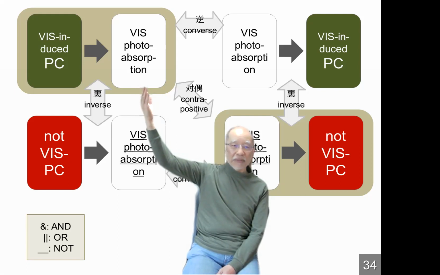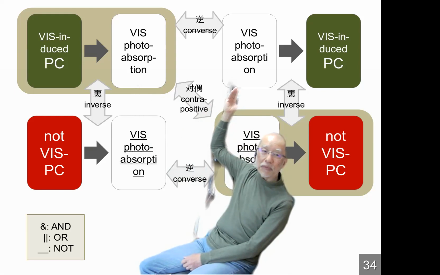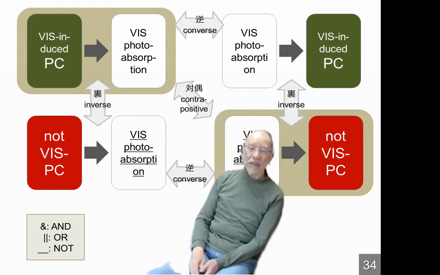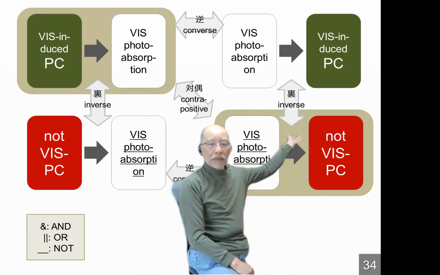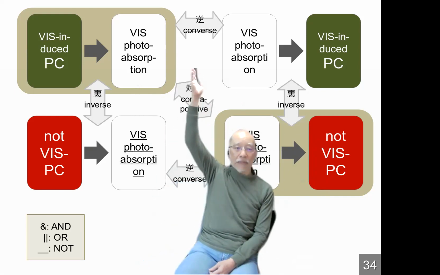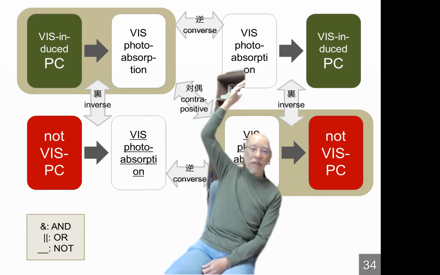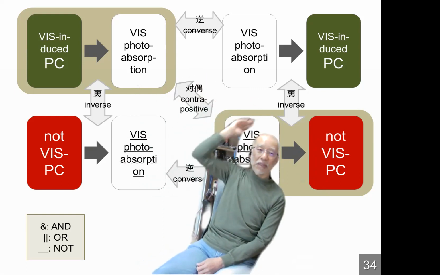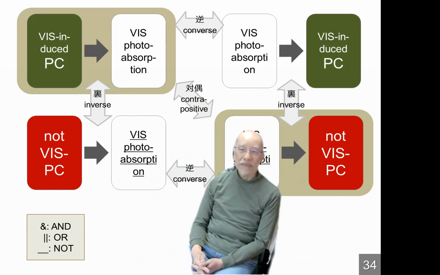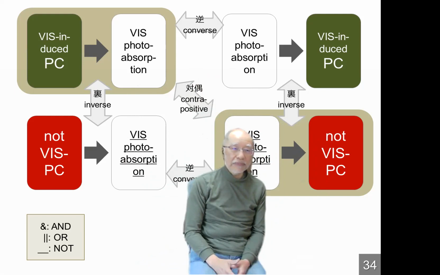But if the titanium has visible light absorption, that it gives the visible light induced photocatalytic reaction is the converse. This is true, but that is the converse, so it is impossible to say that it is always true. It's possible to determine true or false.